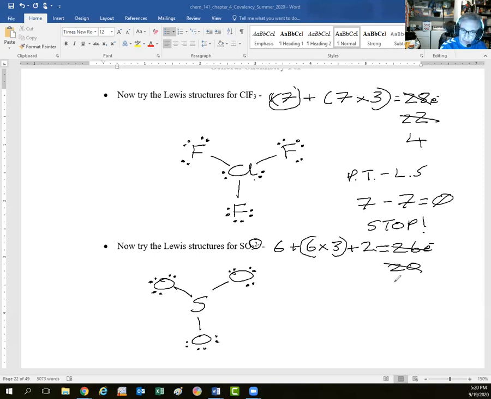That takes us down to 2 electrons remaining after adding 6, 12, 18. And from there, we can put that last pair of electrons on the central atom.